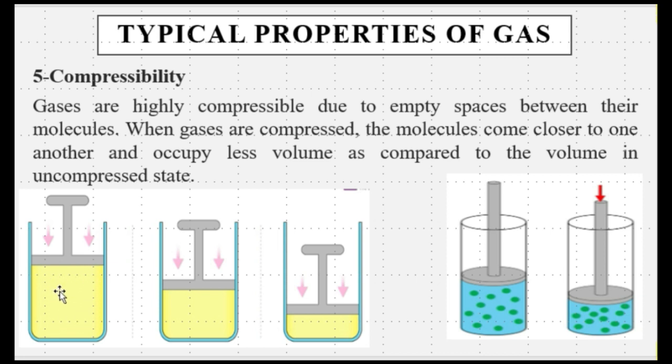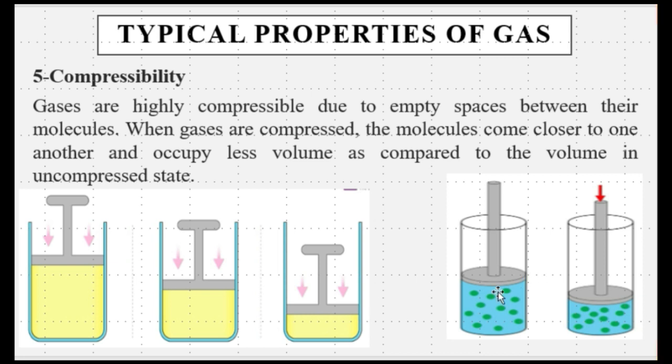It means there is greater intermolecular distance when pressure is lesser. When we apply pressure from this to this, the intermolecular distance becomes lesser and molecules come close to each other. Furthermore, when we apply further pressure, the intermolecular distance will remain very small, so they come close to each other.